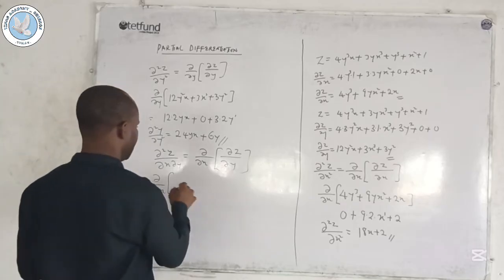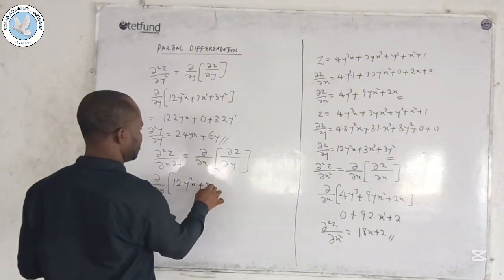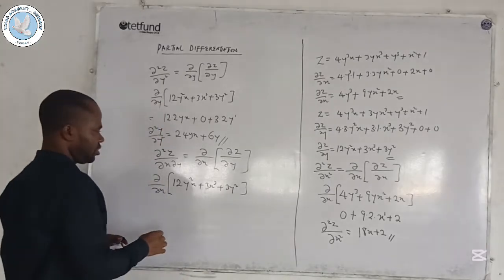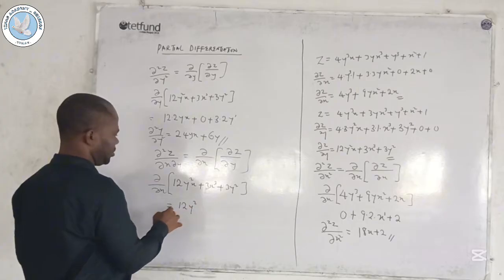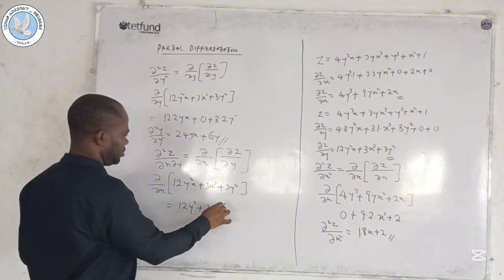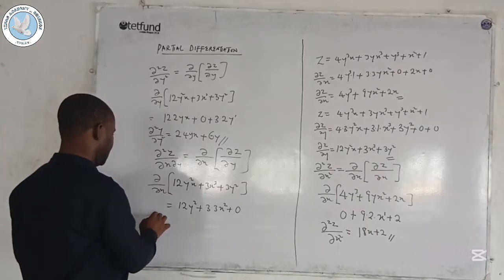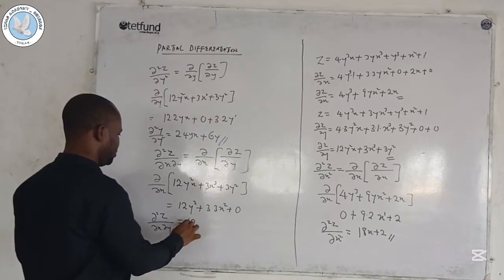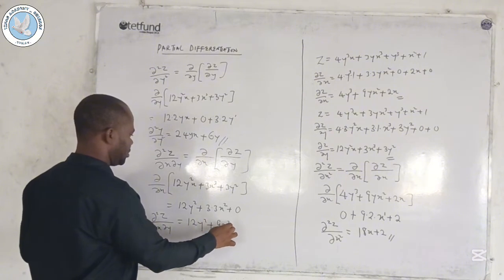So this is giving us 12 this x plus this 3 plus 3 this. So with respect to x, we are going to be having 12 plus 3.3. This is reduced plus 0. So this is giving us this with respect to x, 12y plus 9 and squared.